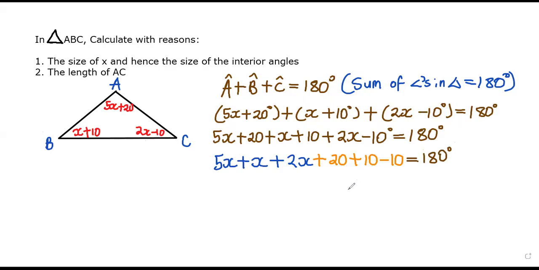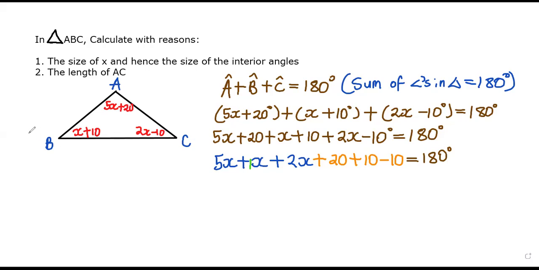Let me just double check if I didn't make a mistake. So it's 5x plus x plus 2x, yes. Then plus 20 plus 10 minus 10 is equal to 180. And here you know that there's a coefficient in maths that is 1. Coefficient is a number before a variable. So 5x plus 1x is going to be 6x plus 2x is going to be 8x.